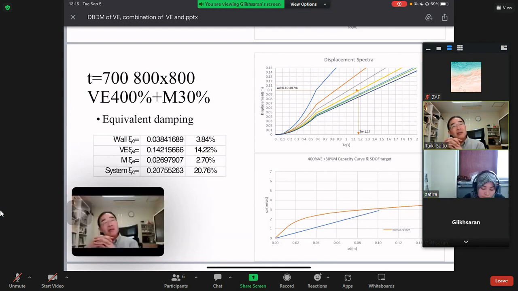We must find out which one is better, it's not completed yet. But at the same time, of course, if we want to check effect of number of story, maybe Sara-san can conduct some case study.